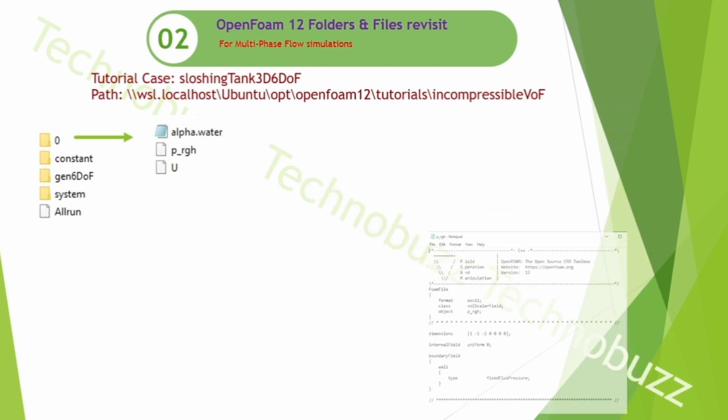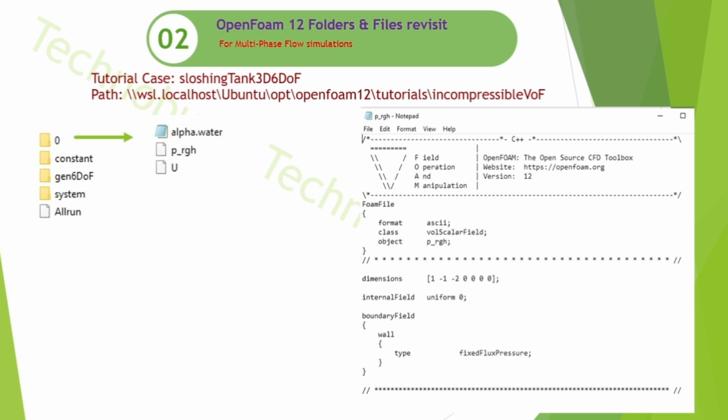Now the next file, p_rgh. Generally, pressure boundary condition is specified in P file for single phase flows. In gravity driven free surface flows, the pressure boundary condition is specified in this file p_rgh.